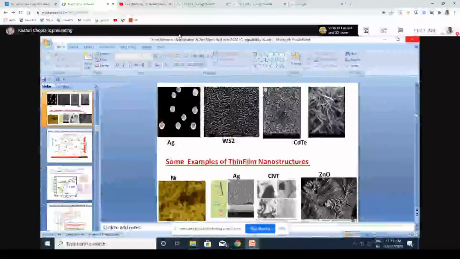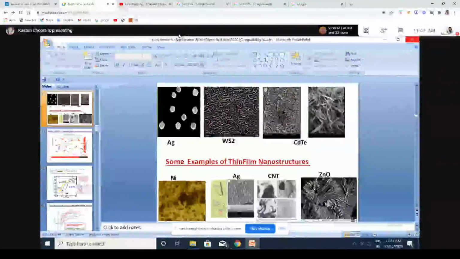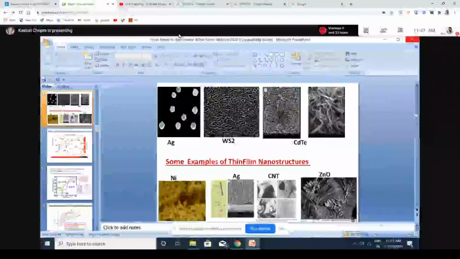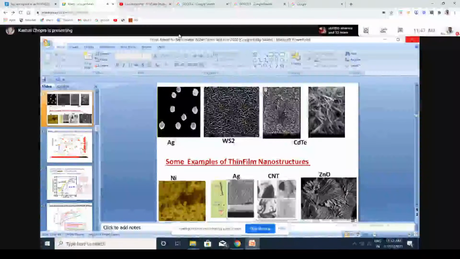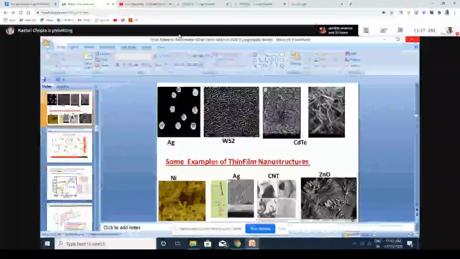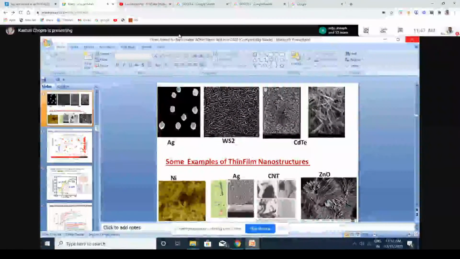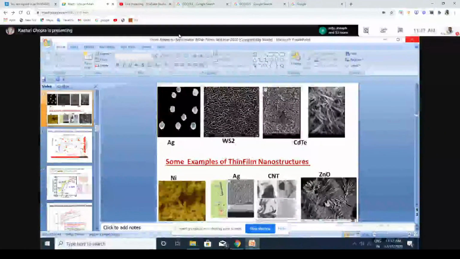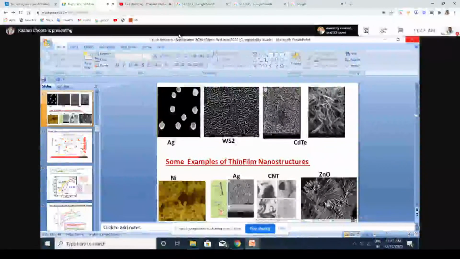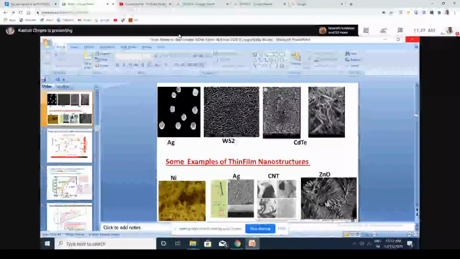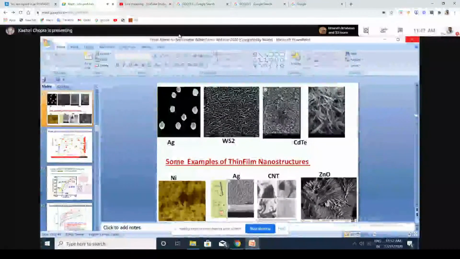This is like a fine powder, nanoscale powder. If you deposit at an angle, you form long wires, for example. Of course, carbon nanotubes, you have heard, from a supersaturated solution comes out nanowires, randomly. Similarly, you can make nice, beautiful flowers if you want, zinc oxide I've shown here. This is just to emphasize that by changing deposition conditions, you can get a variety of very different structures.